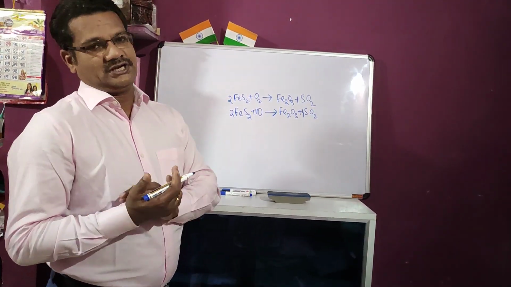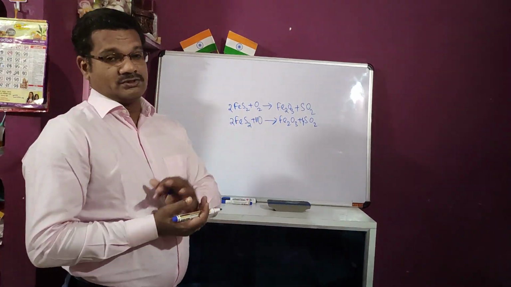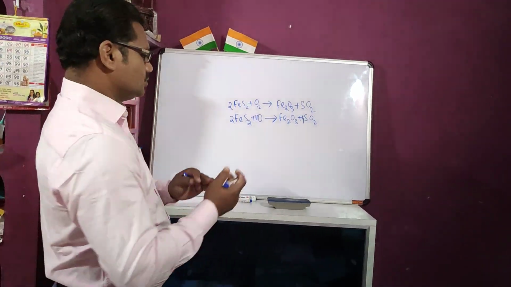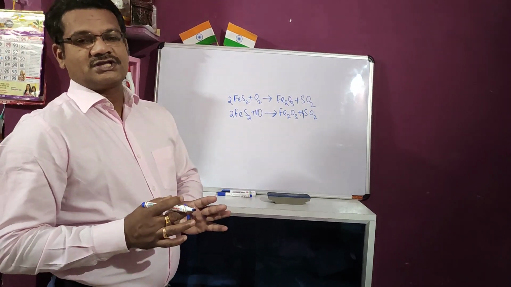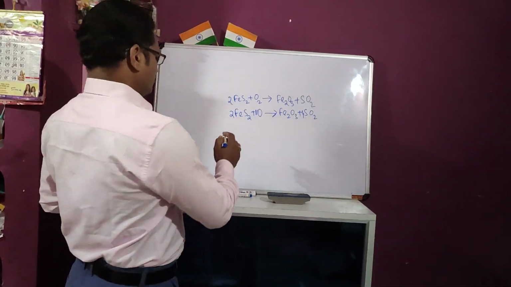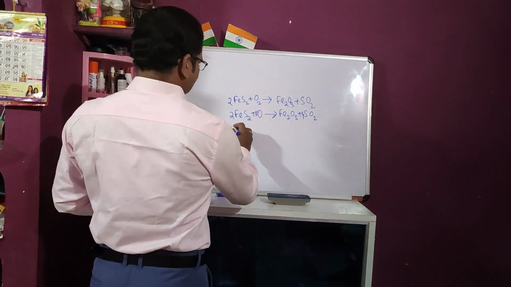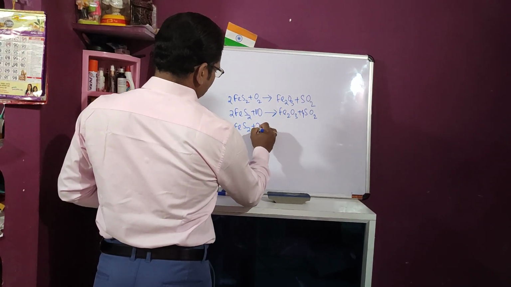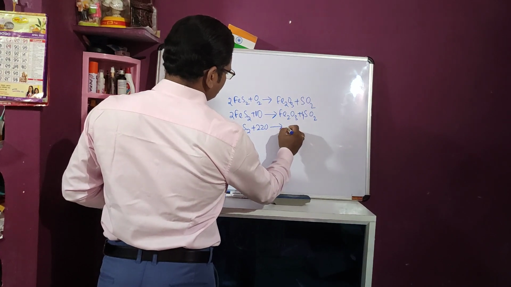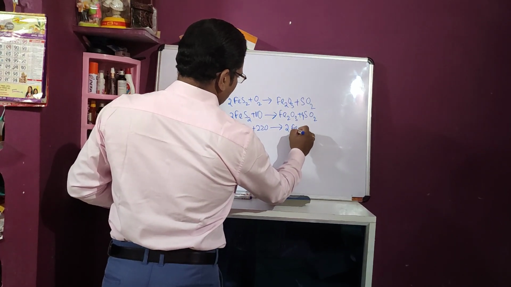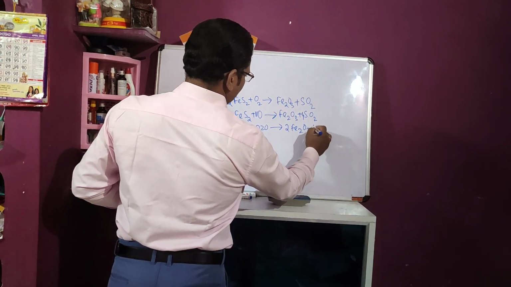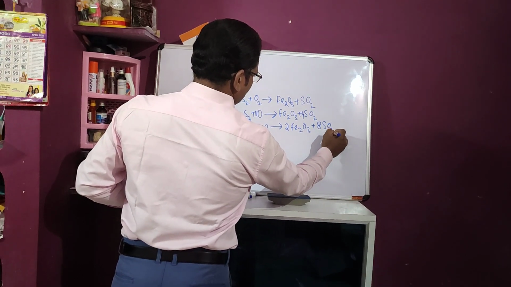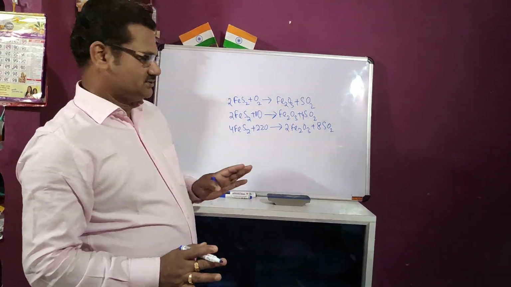Finally, I had told you that the equation has to be in molecular form. So multiplying it with a common number, suppose I multiply it with 2, so 4FeS2 plus 22O gives 2Fe2O3 plus 8SO2. Now this is balanced.